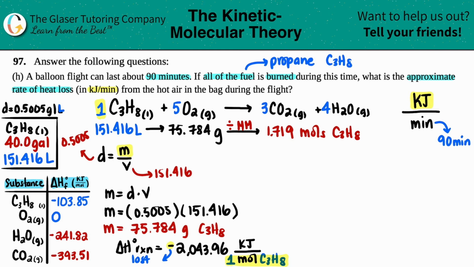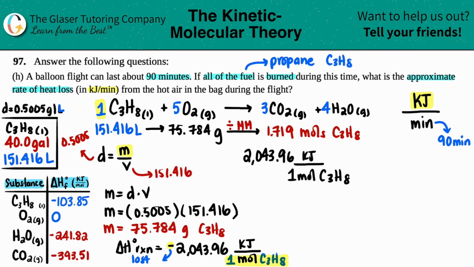And since they said, what is the approximate rate of heat loss? It's already assumed that that number is going to be negative, so you don't have to say it again. So I'm just going to keep the positive from now on. So this would be 2,043.96 kilojoules per 1 mole of C3H8.